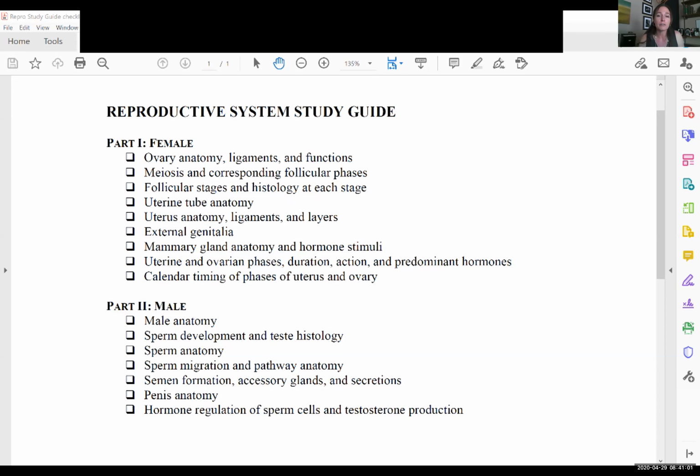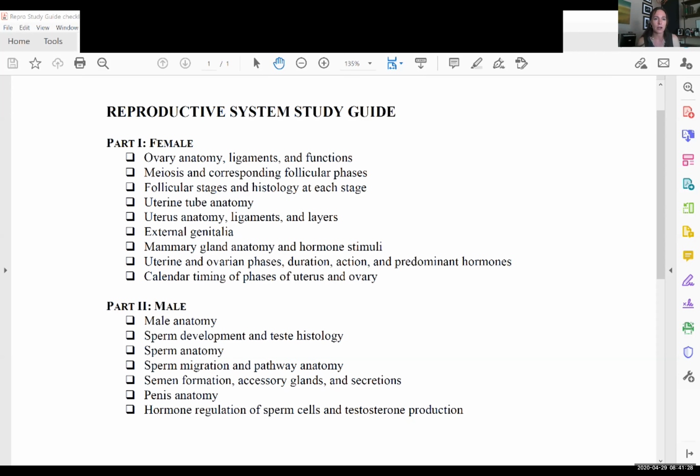Name the parts of the uterine tube or fallopian tube. What's the function of the fallopian tube? What's unique about the fallopian tube? Those are some of the questions that could come up. I just wanted to put it in perspective. The more you can turn these into questions, it opens your mind up to different ways that you could answer or look at this topic and better understand it.